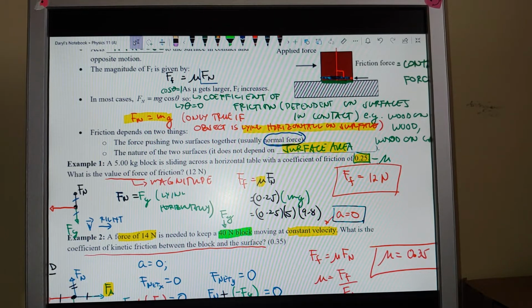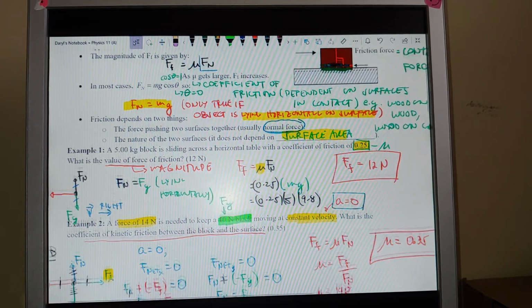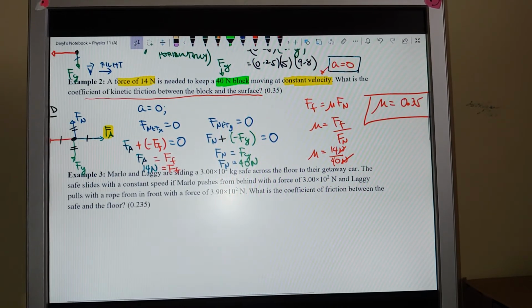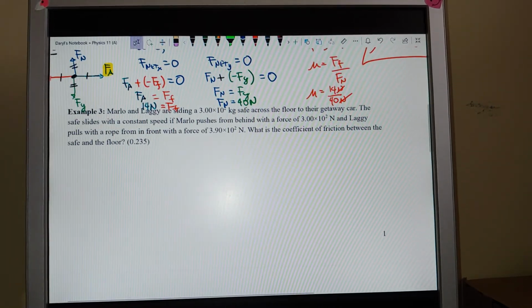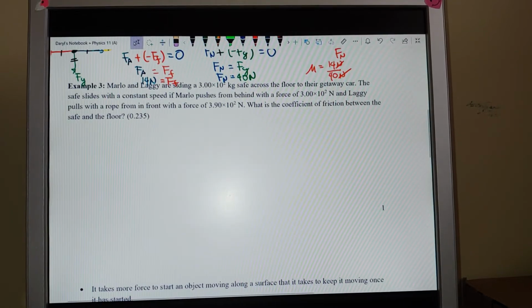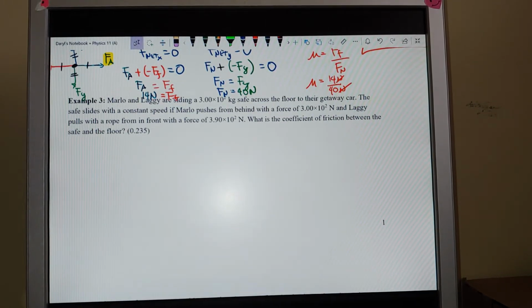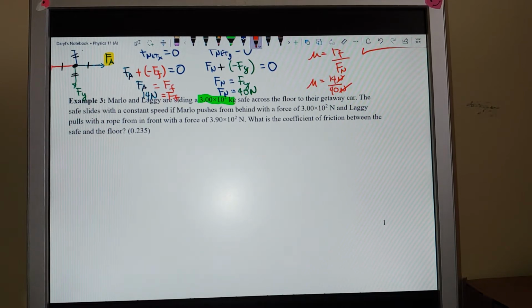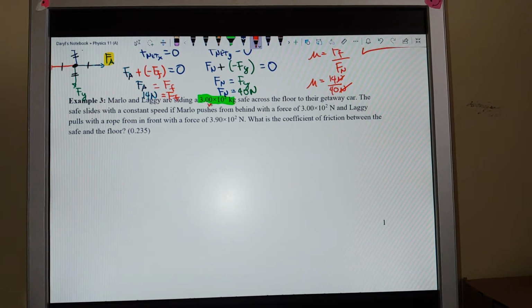We talked about example number 1 and example number 2 last time, so we now move on with example number 3. Marlo and Laggy are sliding a 3 times 10 to the power of 2 kilogram safe, so this would be the mass of the object, across the floor to their getaway car.